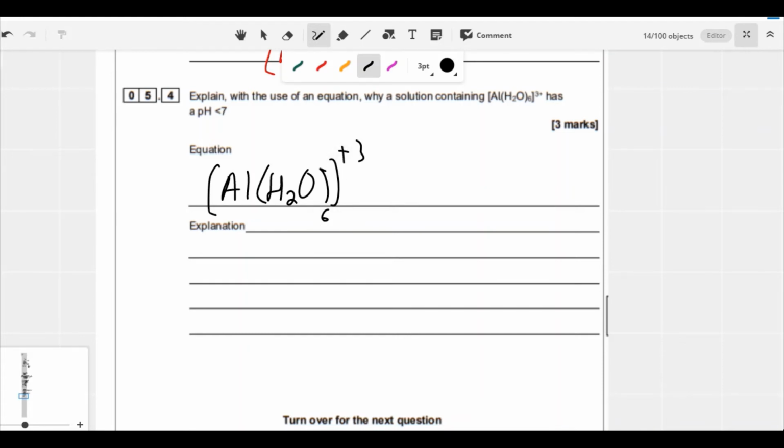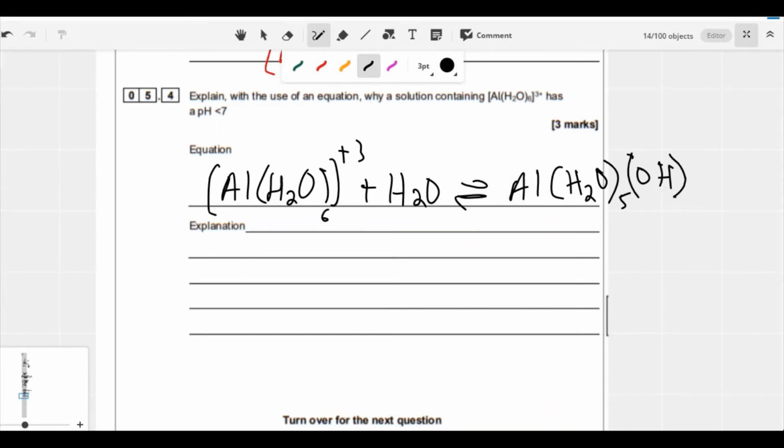Okay, so it means that Al3+ will dissolve in the water or will dissociate in the water, and it will produce, for example here I am going to write Al(H2O)5OH.